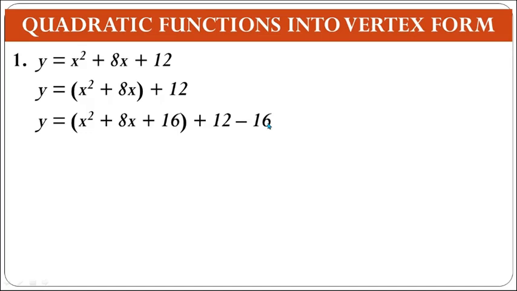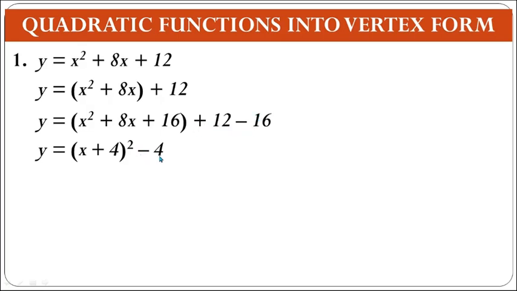So, next is, you're going to square the binomial, yung ating perfect square trinomial. So, square of binomial, so, x plus 4, ito siya, parehas lang yan. And simplify yung ating constant, positive 12 minus 16 is negative 4.